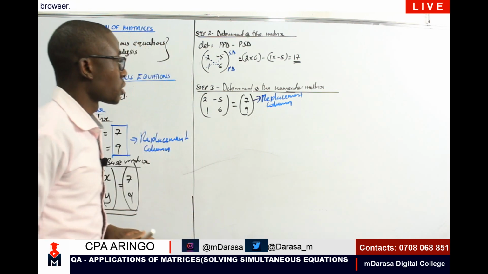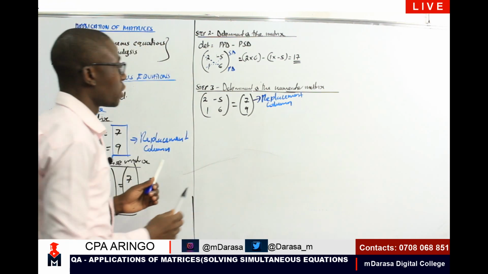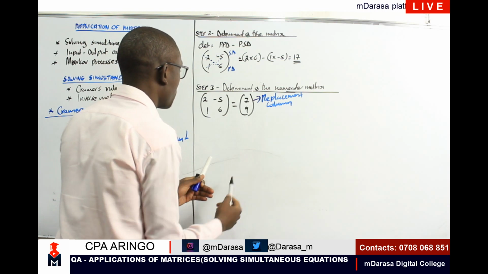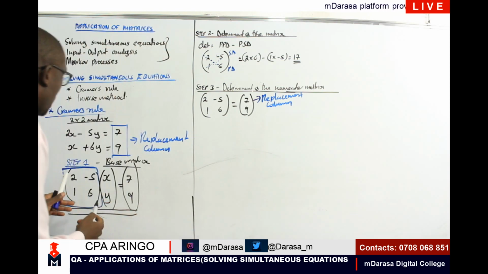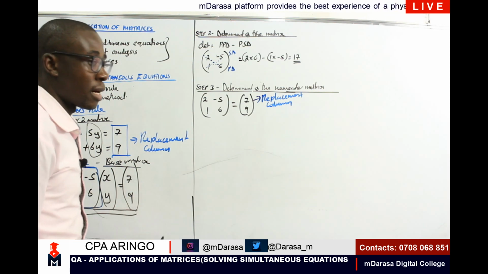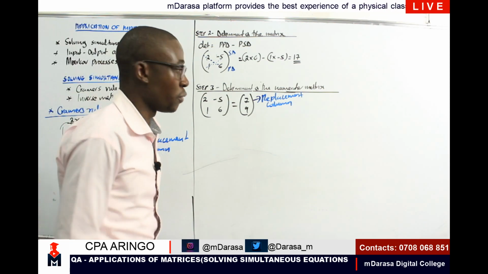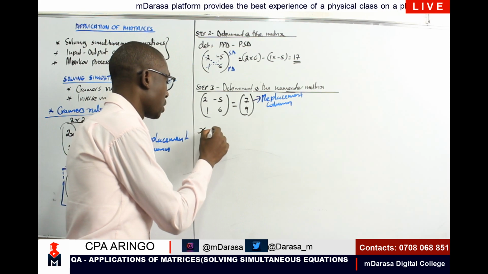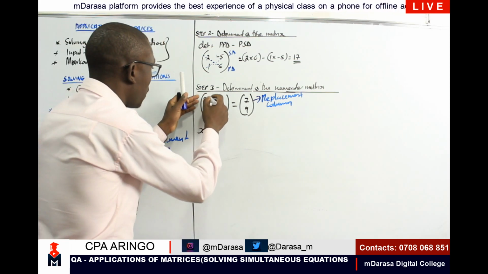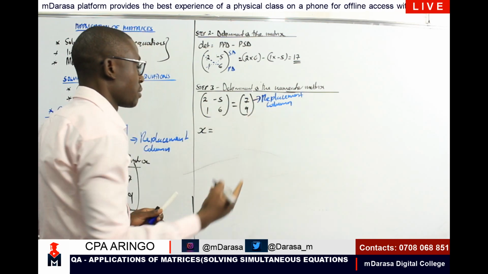So we are going to replace, in this case, because we baptize that as a replacement column. Now we can agree that 2 and 1 are our values of x and these are our values of y. If I want to determine the value of x, what we are going to do is to replace the values of x with our replacement column.